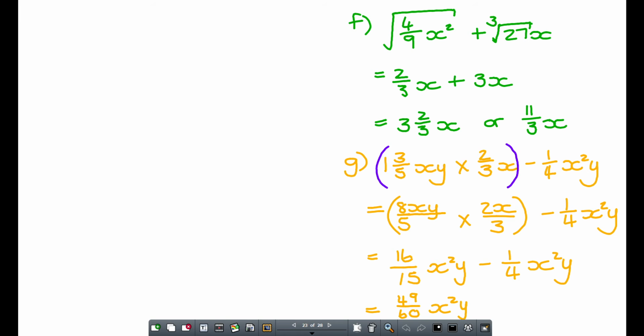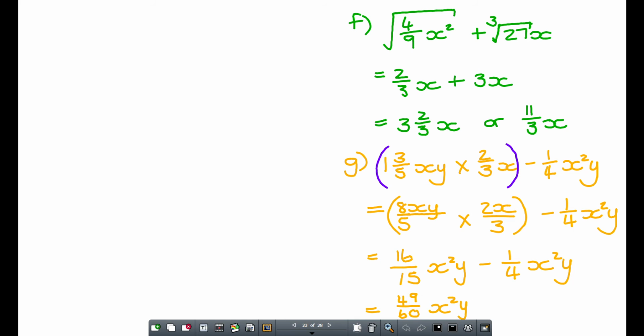Right, so over here, could we cancel out anything? No. So then all I had to do is go multiply. So 8xy times 2x gave me 16x squared y. Look, 16x squared y. And then at the bottom, the 5 times the 3 gave me this 15.